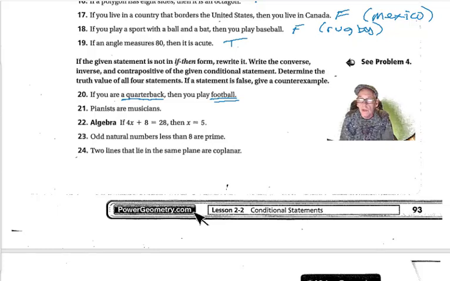The converse would be, if you play football, then you're a quarterback. That could be false because you're not necessarily a quarterback just because you play football.